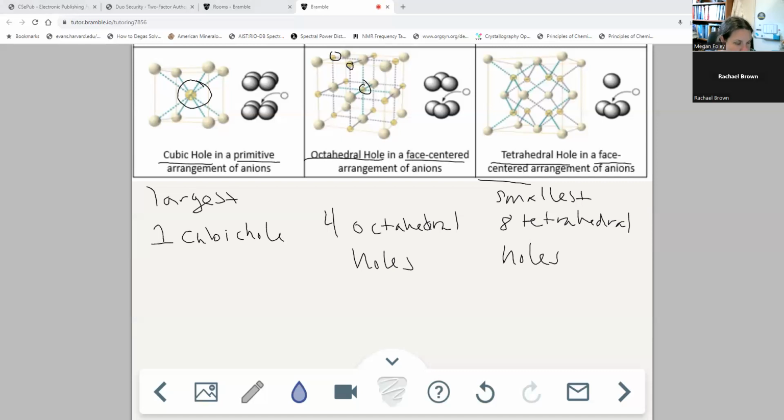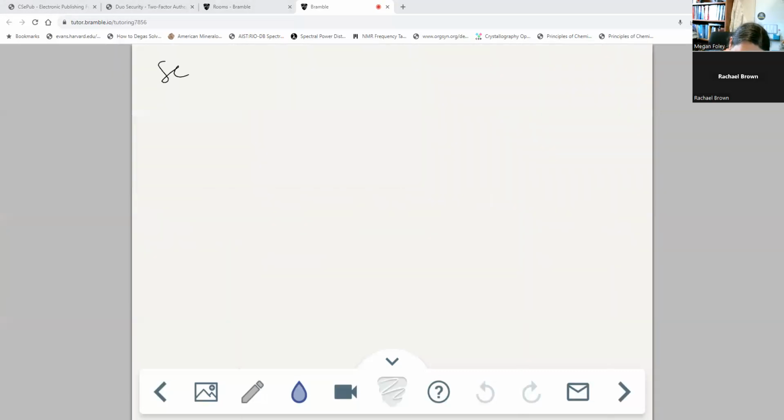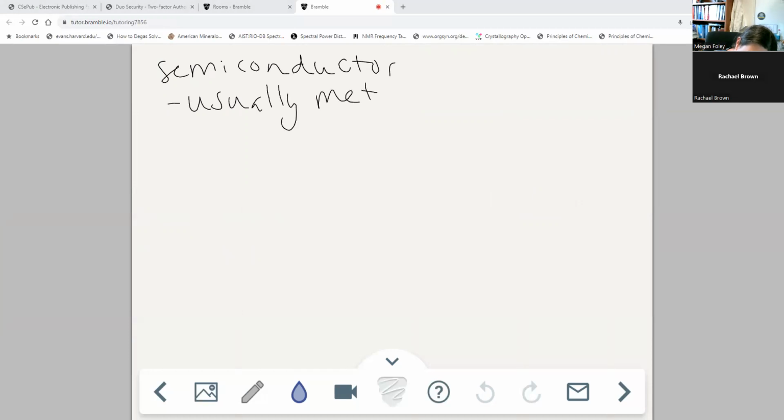Oh, one more thing. Our last thing is a semiconductor. A semiconductor is usually a metalloid, or species that are somewhere between ionic and covalent.